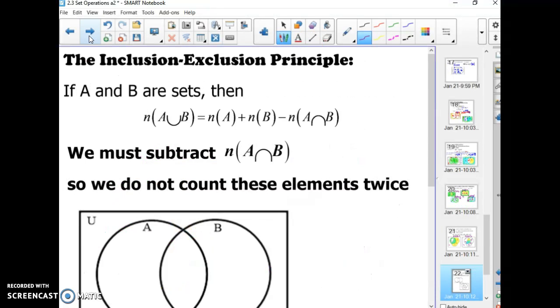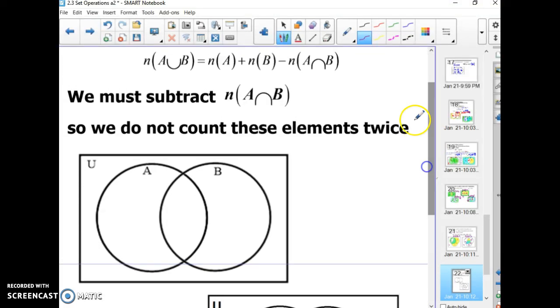All right, last one, inclusion-exclusion. If you have the number of elements in A plus the number of elements in B, then you need to minus the intersection. This is region 2, region 3, and region 4. A is region 2 plus region 3. B is region 3 plus region 4.